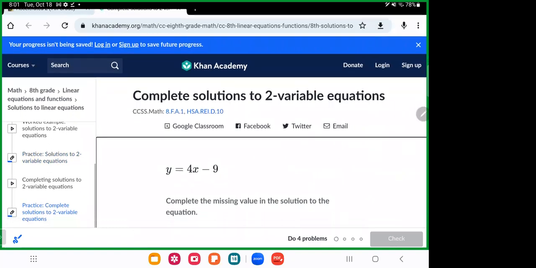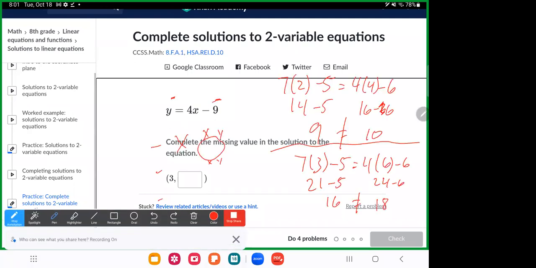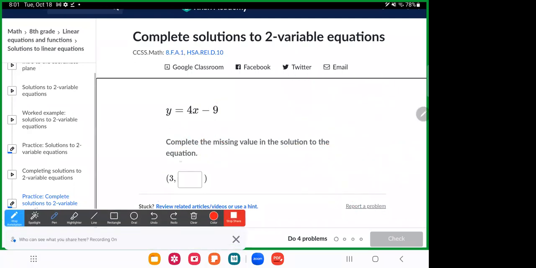So let's do one more here. And this is a variation of the one we just did. This time we have an x value and we're missing the y value. But never fear, we'll substitute in what we know and we'll solve for the other one. So I'm going to put y equals 4 times 3 minus 9.